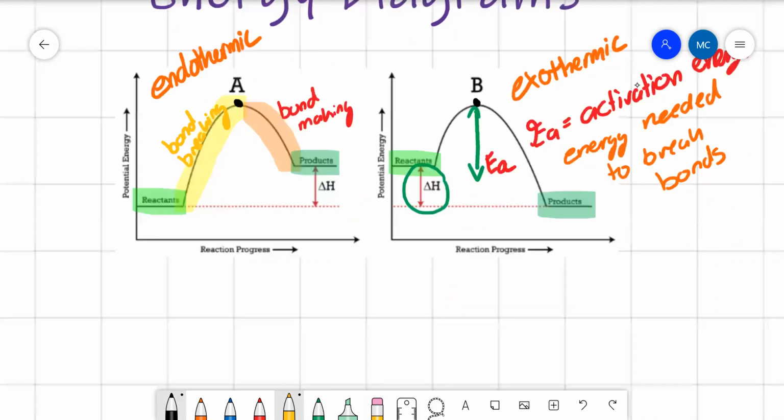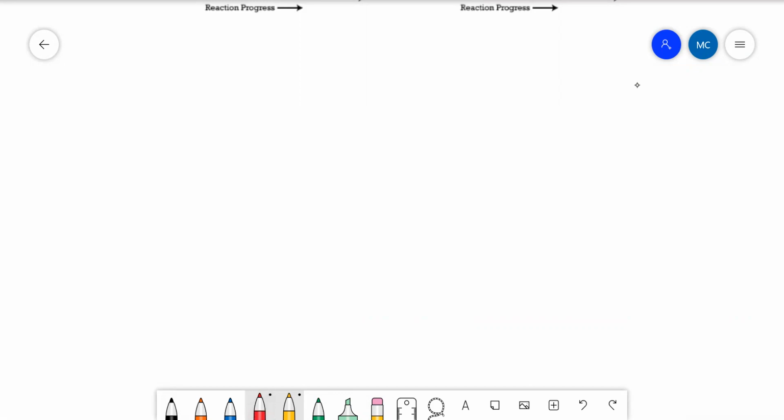Now, because we've done the mechanisms, let's see what happens when you have a halogenoalkane instead of an alkene. So a primary halogenoalkane, and we're going to react it with a nucleophile.